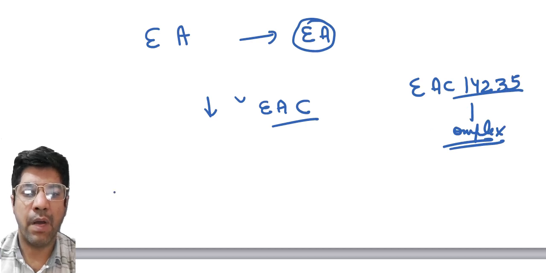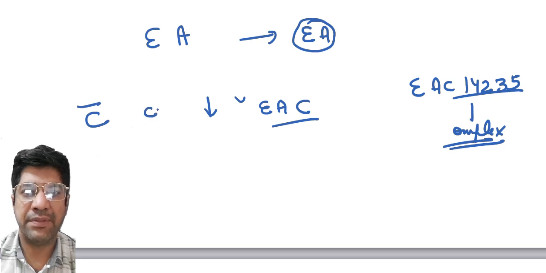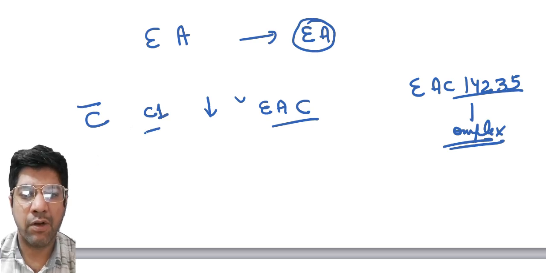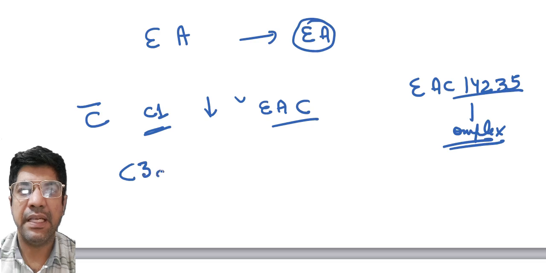So if a complement component becomes enzymatically active, a bar is placed over its number, like C1 bar. So it is also represented as C1 with a bar. The fragments that are cleaved from the complement component during the cascade are indicated by small letters, like C3a and C3b.